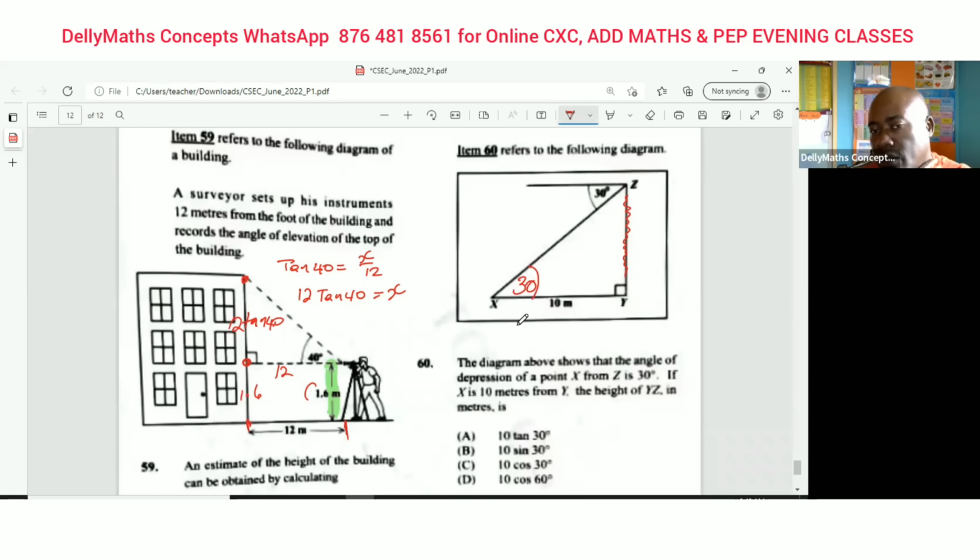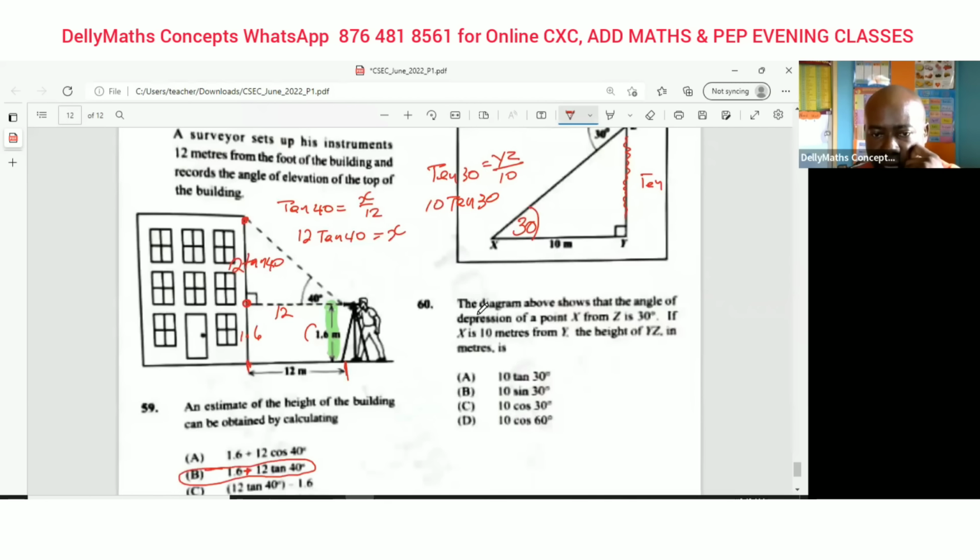So now I could go tangent. The tangent of 30 is equal to yz, which is opposite, over 10. So it means 10 tan 30 would be the answer. We're looking for 10 tan 30, and the answer is A, and there it is.